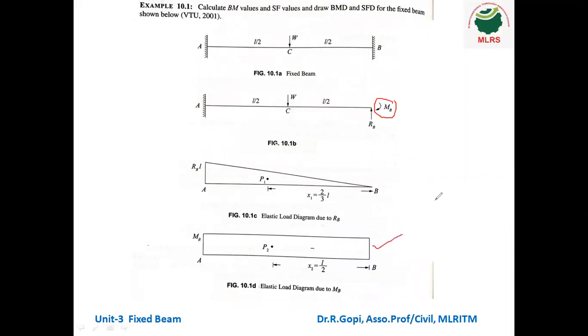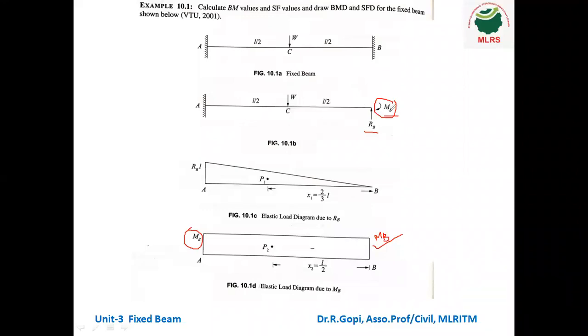Same moment, that means MB here also, because the moment value is given. So the height is MB and the corresponding length is L. Now, what is the centroid distance in case of a rectangle? It is L by 2. So far we have drawn for the reaction and for the moment.